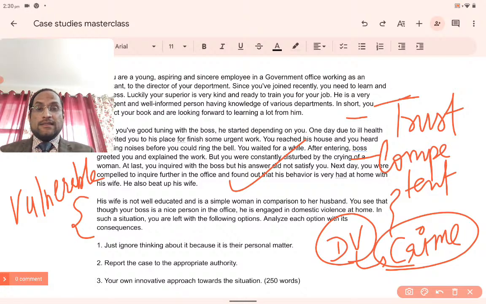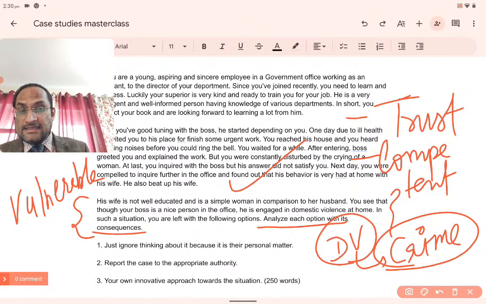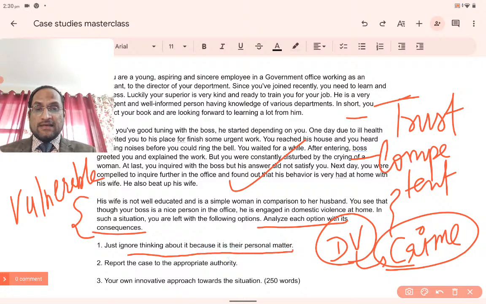Now, these are the actions given to you. You have to analyze each option with its consequences. Ignore, thinking about it because it is their personal matter. First thing, how will you solve this? What all things you will bring here?